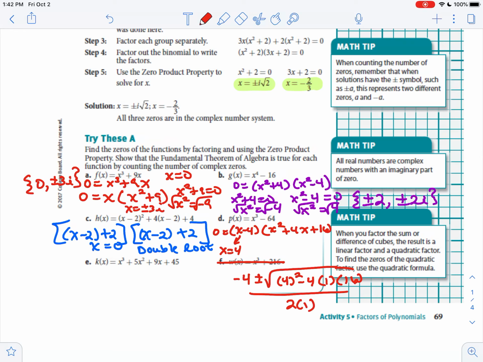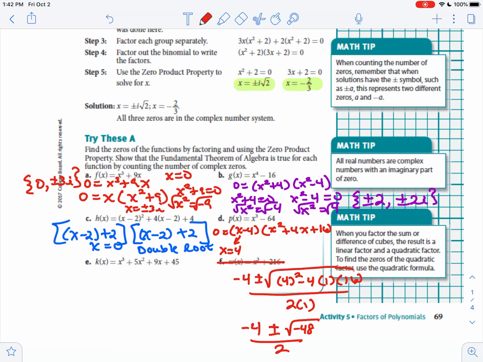And so when we simplify inside the radical, we're going to get 16 minus 64, I believe. And if we do that, 16 minus 64, we get negative 48. So I have negative 4 plus or minus the square root of negative 48 all divided by 2.